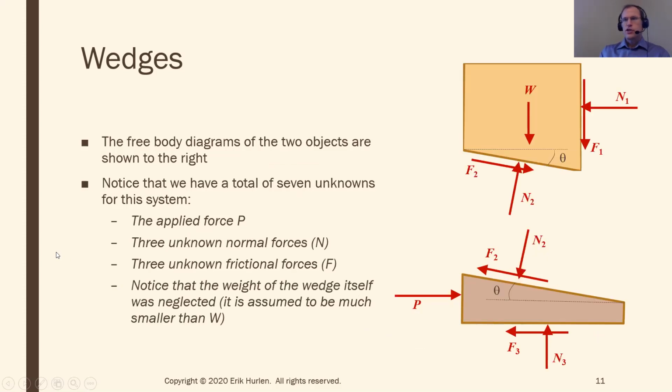So analysis for these wedges generally involves breaking the two pieces apart. You have some wedge and there's also some weight that you're trying to lift. If you think about the free body diagrams of each object, so all the forces acting on them. My wedge, as I'm pushing, I have some force P. There's going to be some normal force N3 pushing up, holding that wedge from going through the floor, some frictional force opposing the motion of P from the ground.